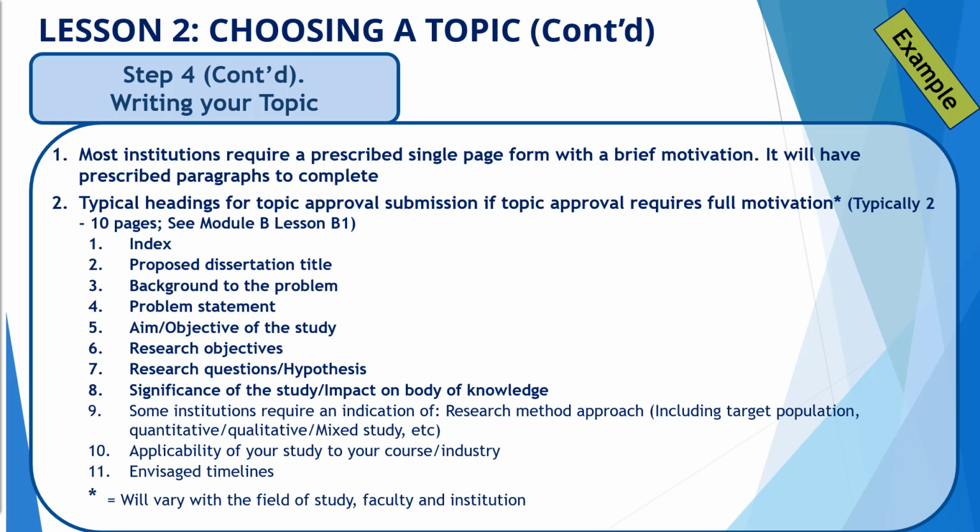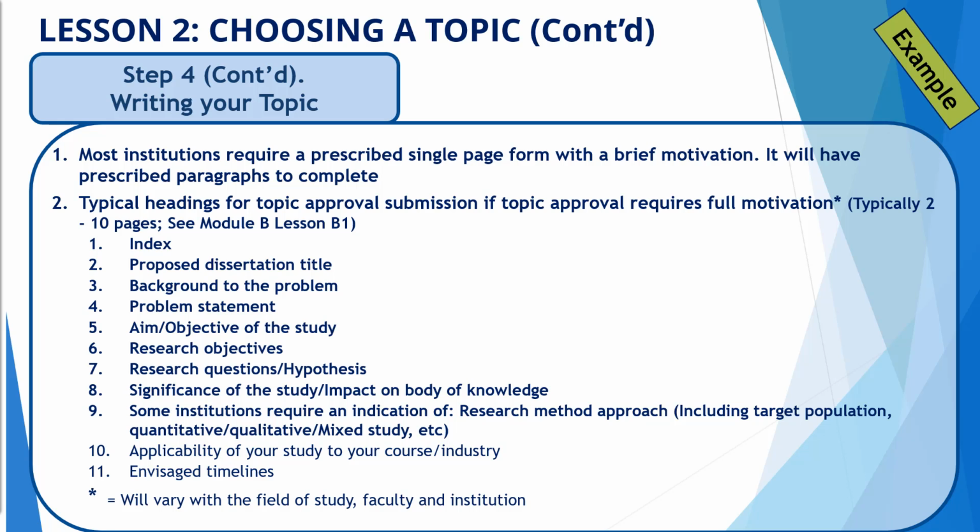Then you'd have a paragraph or 2 discussion about the significance of your study. So they want to know what impact you're going to have on the body of knowledge or even on the industry.